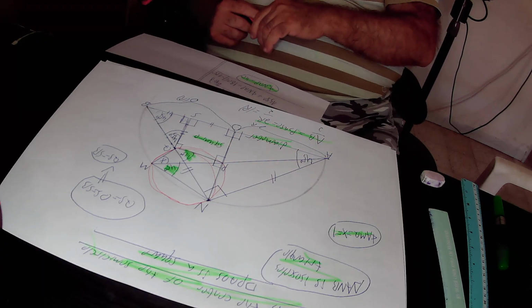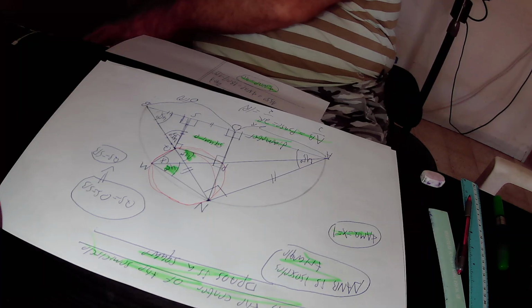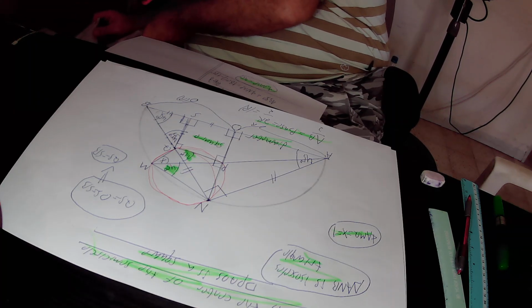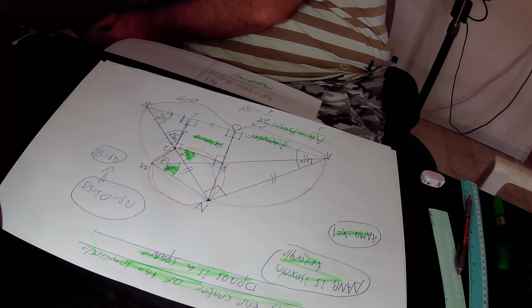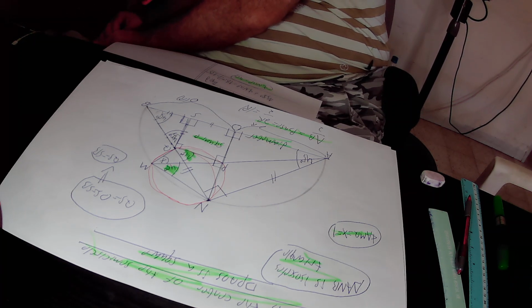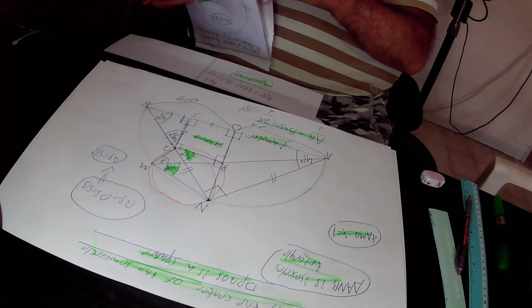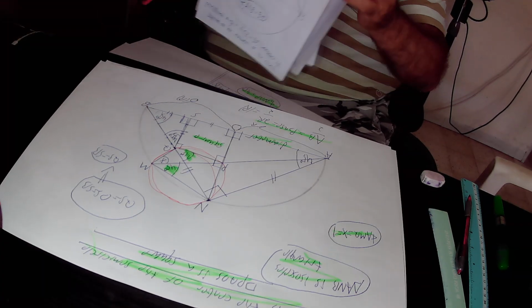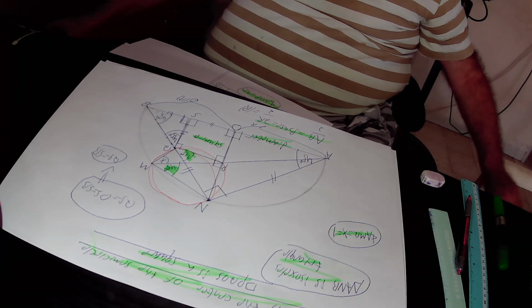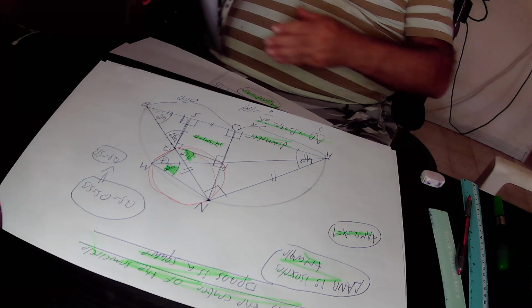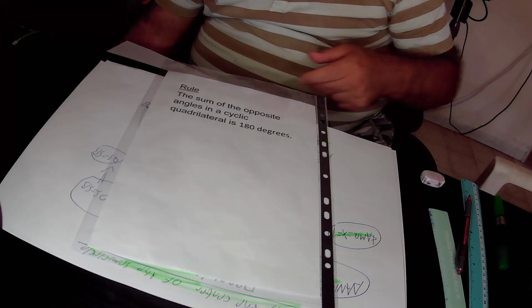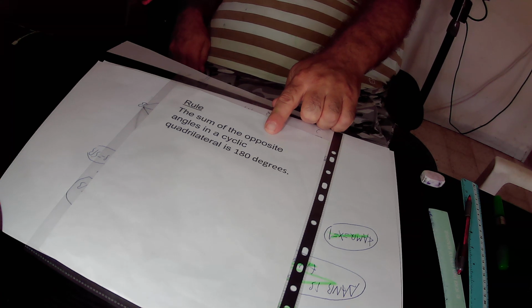So we have the rule that states that the sum of the two opposite angles in a cyclic quadrilateral is equal to 180 degrees.